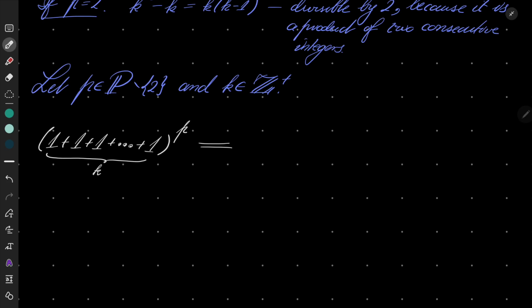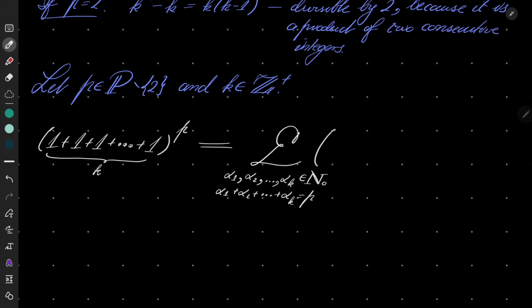Now, crucially, by the multinomial theorem, we know that this number can be written as a sum over alpha 1, alpha 2, ..., alpha k, which are natural numbers from 0 and whose sum equals p, and we are summing multinomial coefficients p choose alpha 1, alpha 2, ..., alpha k, and then the rest is 1 to the power alpha 1, 1 to the power alpha 2, and so on, 1 to the power alpha k.